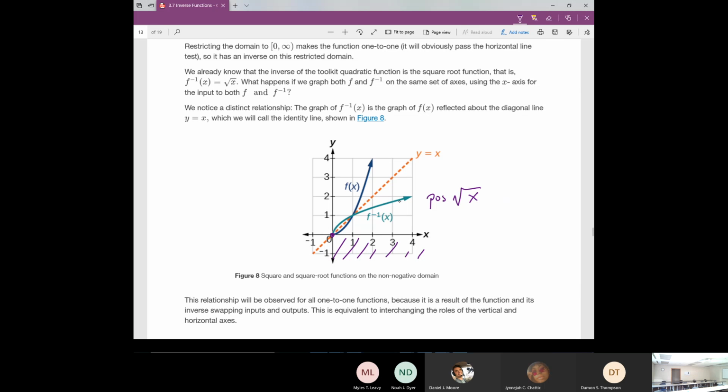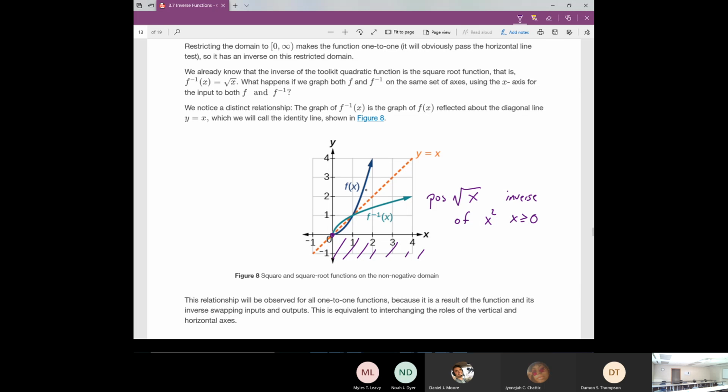The positive square root is the inverse of x squared when x is greater than or equal to 0. Square root of x, the positive square root, is the inverse of x squared.